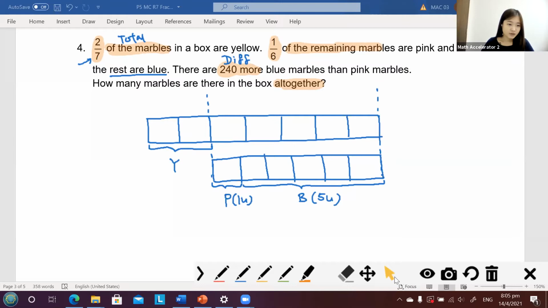Okay, good. 4, yes. Those of you who typed 4 in the chat, that is correct. 5 minus 1 gives 4 units, because the blue has 4 units more than the pink. And that is the difference. That difference is the same as this 240 here. So blue minus pink, 5 minus 1, is 4 units. This is the difference also.